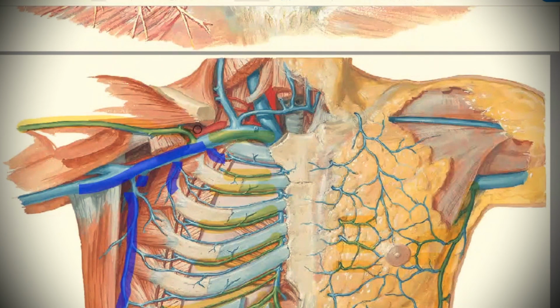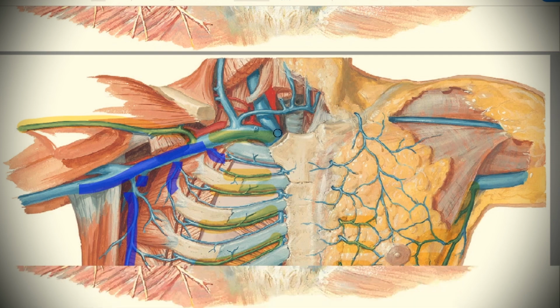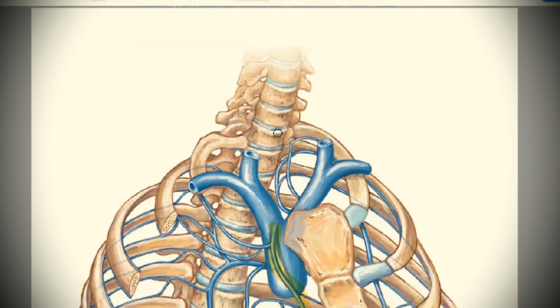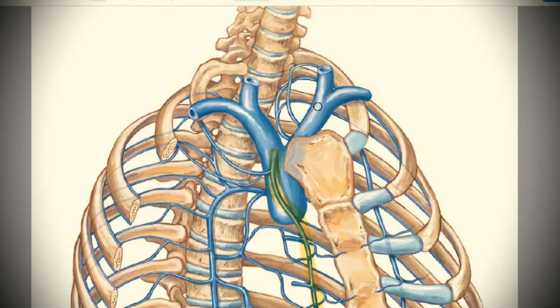And then again, on the external margin of the first rib, vena axillaris becomes vena subclavia. Then the subclavian vein unites with the internal jugular vein, becomes the brachiocephalic vein, and then the left and right brachiocephalic veins unite and become vena cava superior, and then vena cava superior falls into the right atrium, atrium dextrum.